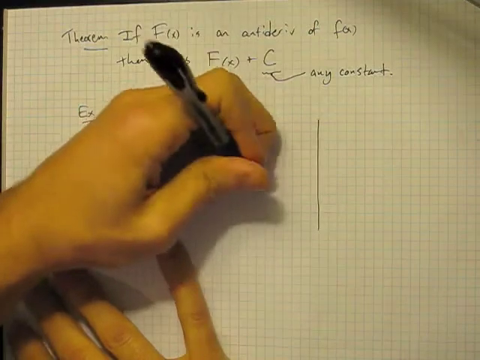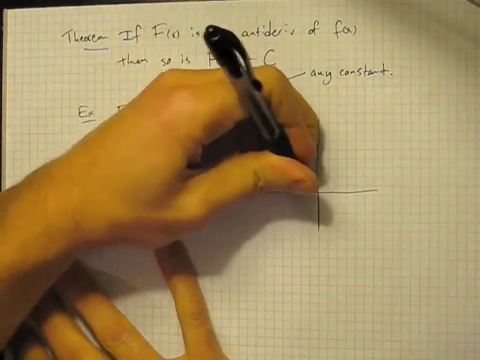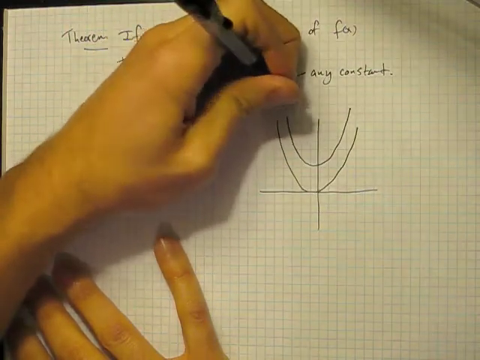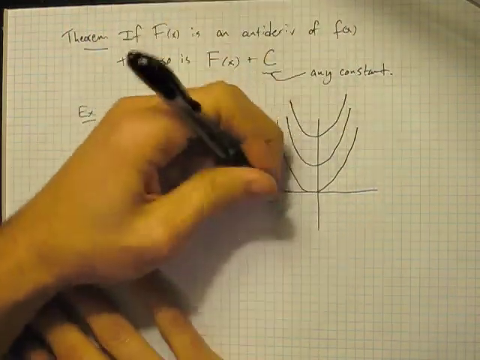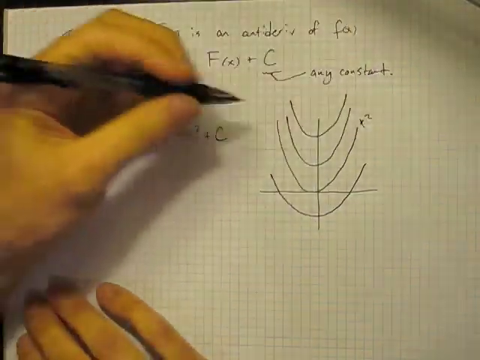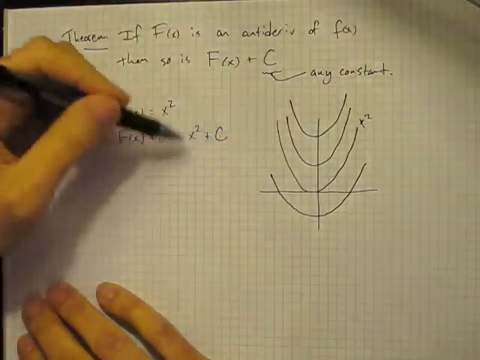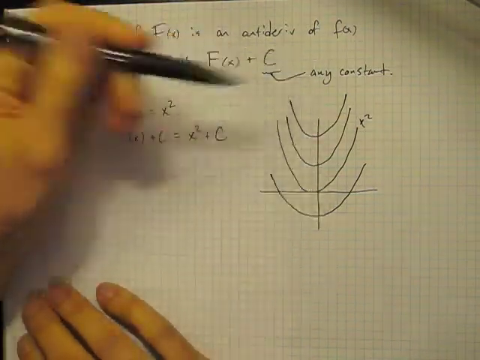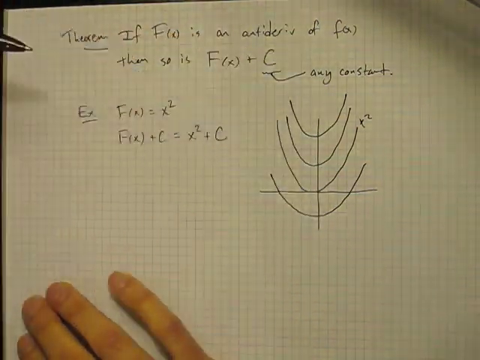And if we look at the graphs of these, then we have x squared, and we have shifted copies of x squared everywhere. Okay, these are all of the different copies of x squared plus c, where c is allowed to be any number here. We could just take this graph and shift it upwards or downwards depending on what that constant is.